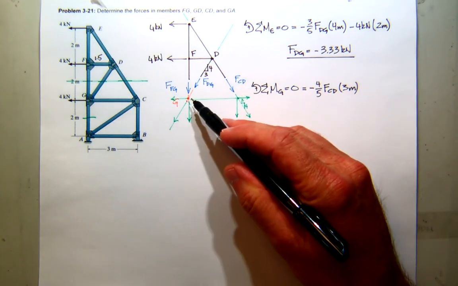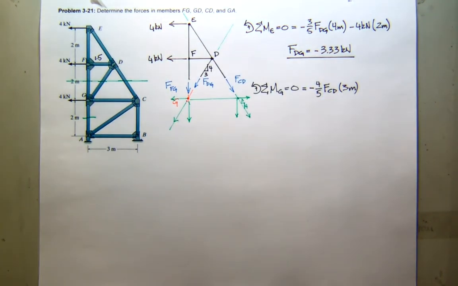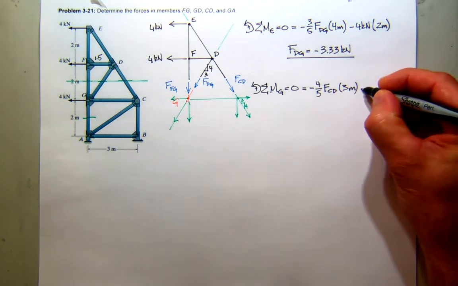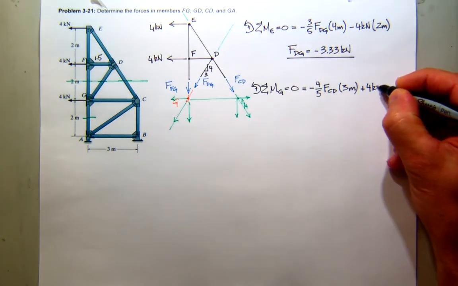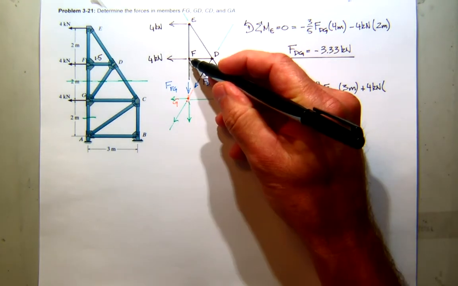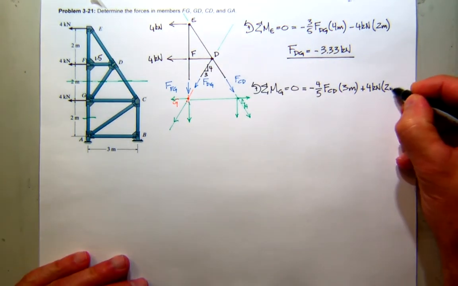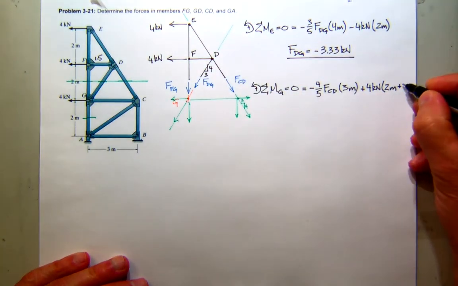Who else creates moment about G? Both my forces. And they are going to create positive or negative moment? Positive. They both have the same value, so I'm going to factor that out. So there's the force. One moment arm is from G to F, which is 2. And the other one is from G to E, which is 4.